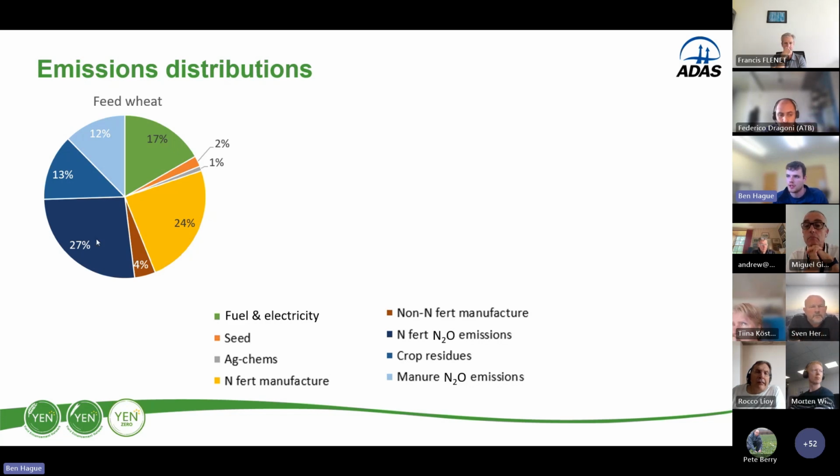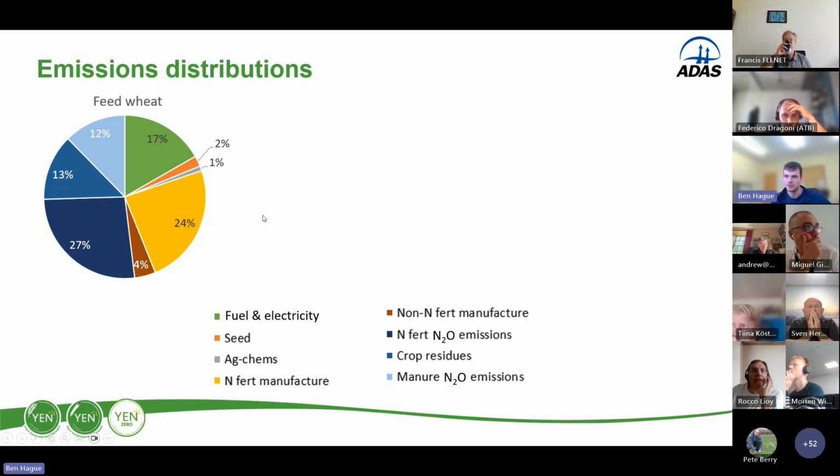You can see the dark blue and yellow segments here represent the nitrogen fertilizer, and this accounts for over half the carbon footprint of a winter wheat crop. A couple of other important figures are the 17% from fuel and electricity, so this will be diesel and also energy, and also 13% from crop residues. This is crop residue decay following harvest.